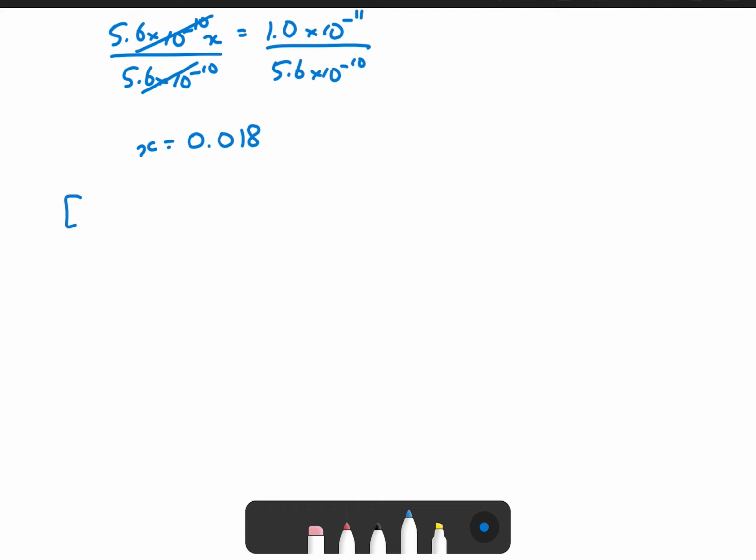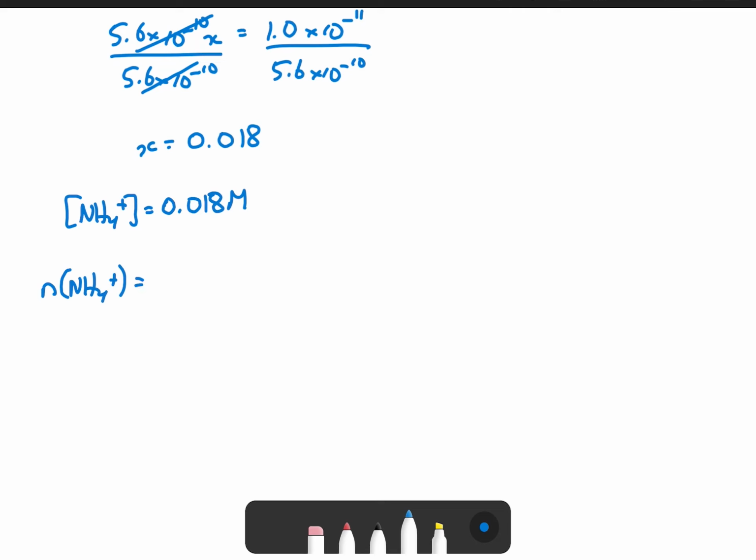Therefore, going back to our ICE table, we see that the molarity of the NH4+ is equal to 0.018 molar. Now we'll take this value and we'll have to find the mass of ammonium nitrate needed in this 5-liter solution.